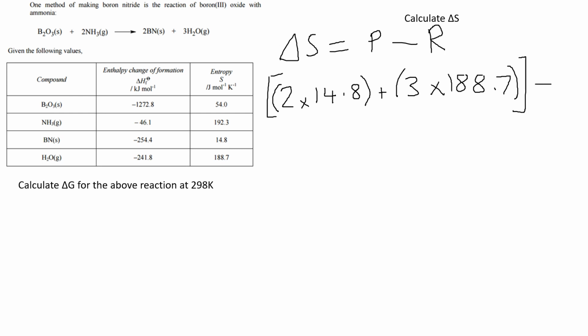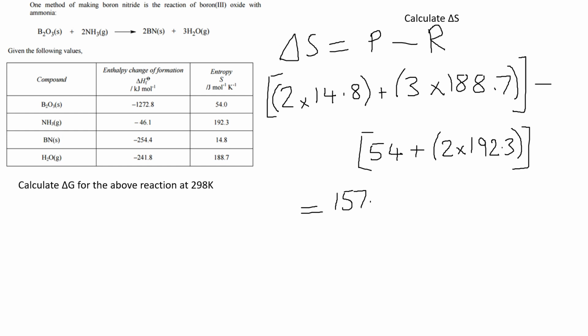And then minus the reactants. So that's the B2O3, which is 54, plus 2 lots of ammonia, 2 lots of 192.3. So when you put that into the calculator, you get 157.1, and that is in joules per mole per Kelvin.